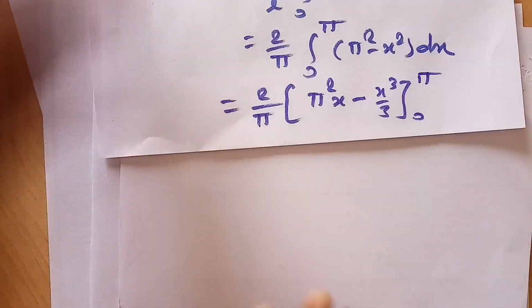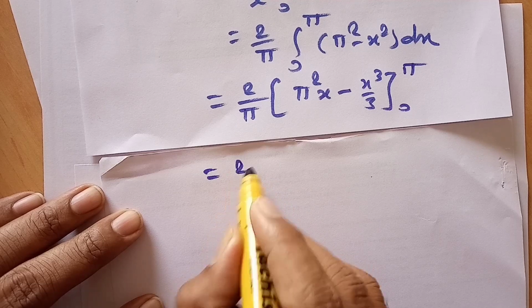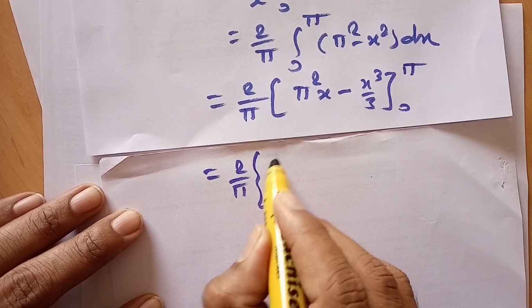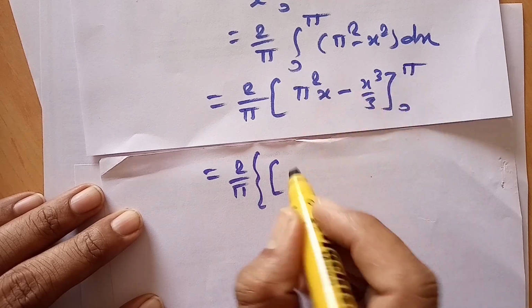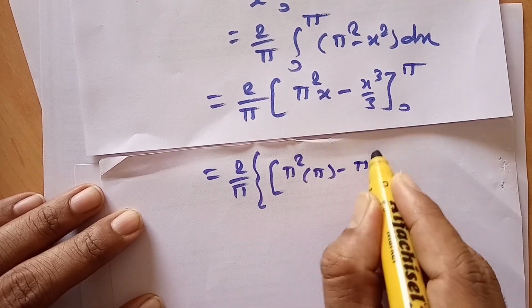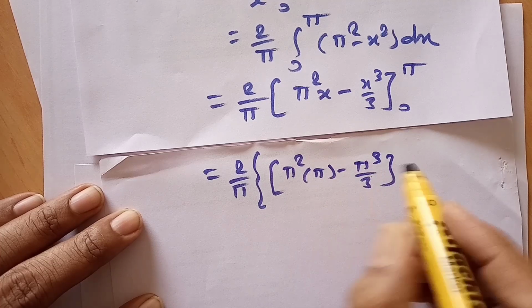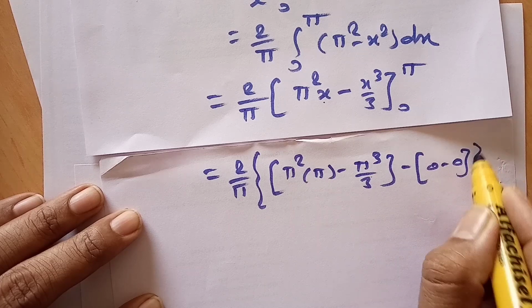Upper limit minus lower limit: pi square into pi minus pi cube divided by 3, minus 0.